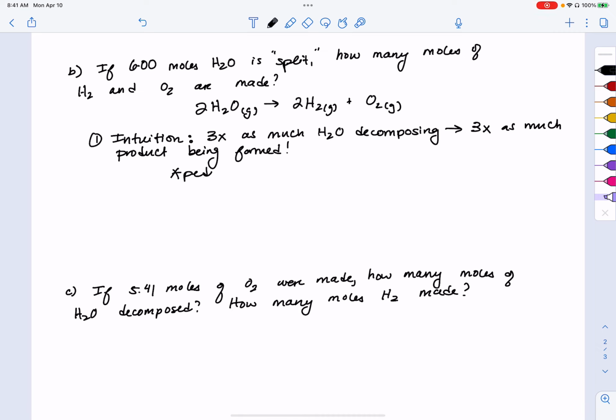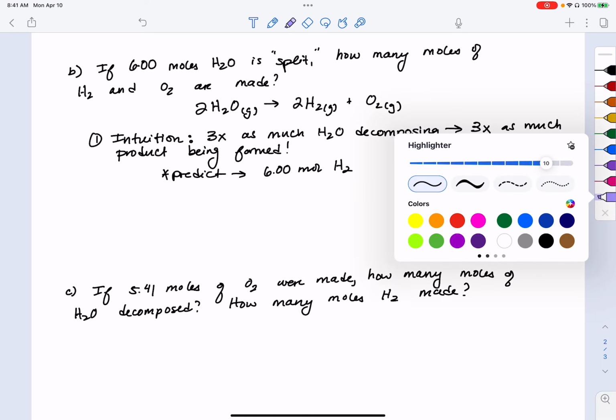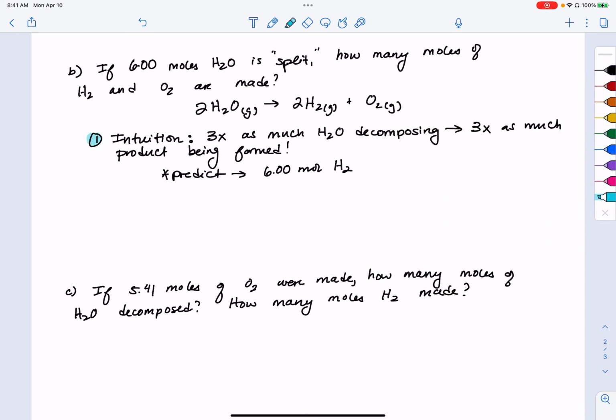So we predict that we should make triple the amount of hydrogen gas, so that is 6.00 moles of hydrogen gas. And triple the amount of oxygen gas, so that is triple times 1, 3.00 moles oxygen gas. And now let's prove that our intuition is rational using our little dimensional analysis.